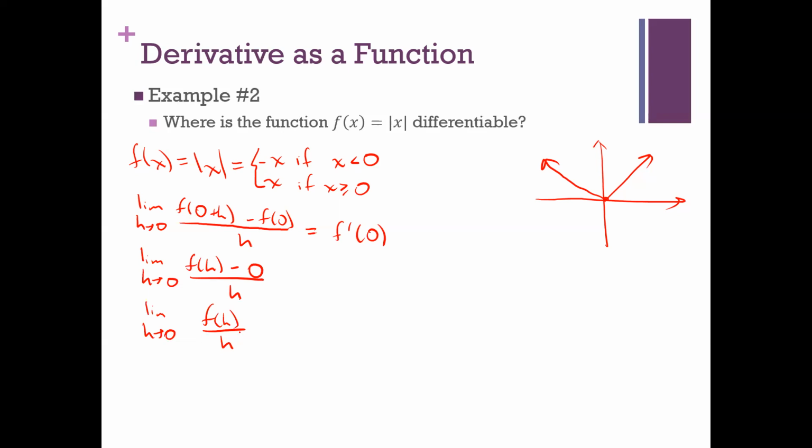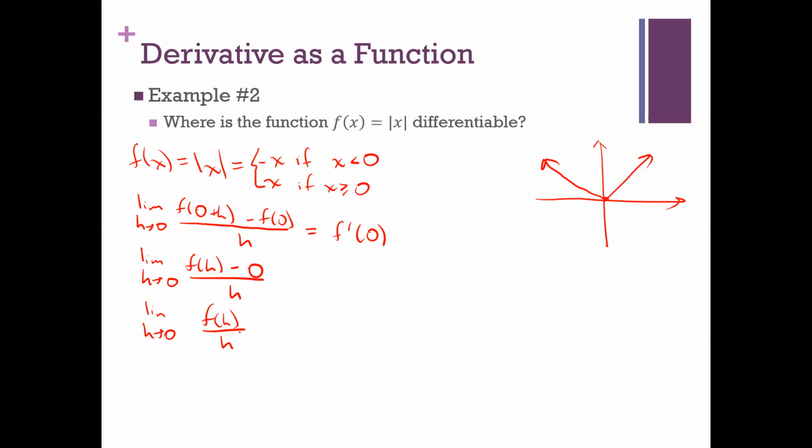Does this limit exist? No, because if you put 0 in the denominator... Right, that's okay, because I don't want h to become 0, I want h to get near it. You're right, it's not defined at h equals 0, but that alone isn't enough to break the limit. I'm not saying the limit does exist.